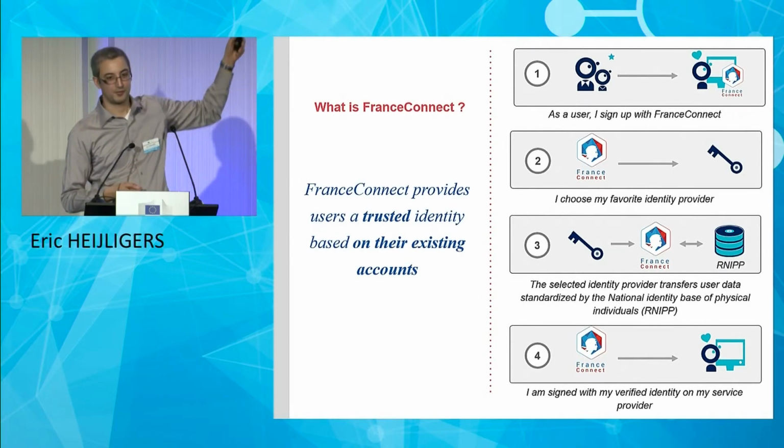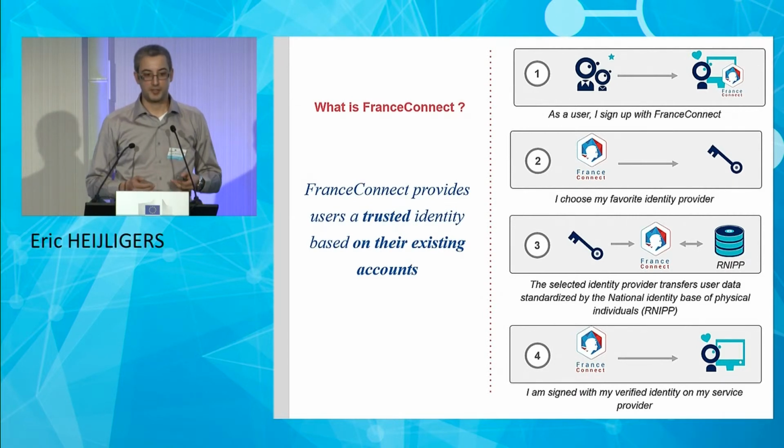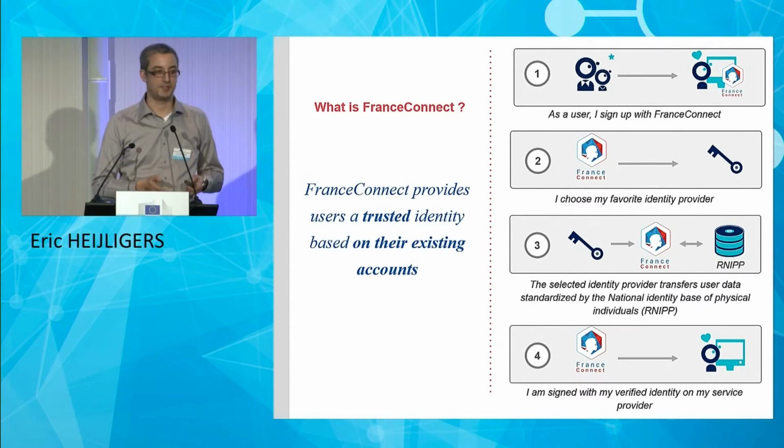That's the first part of the slide. You have the choice between different identity providers. For now, we have the Ministry of Finance that is giving identities. It's about 14 million identities that have been checked and verified by them. And we have the post office that is also an identity provider.